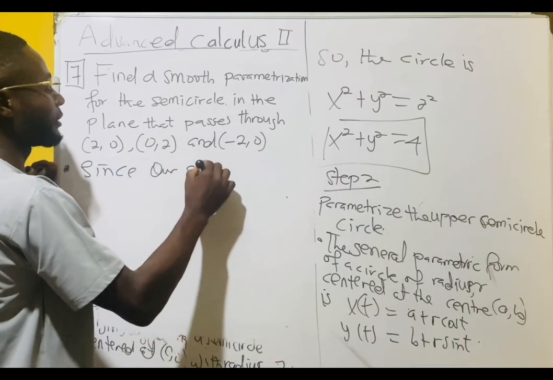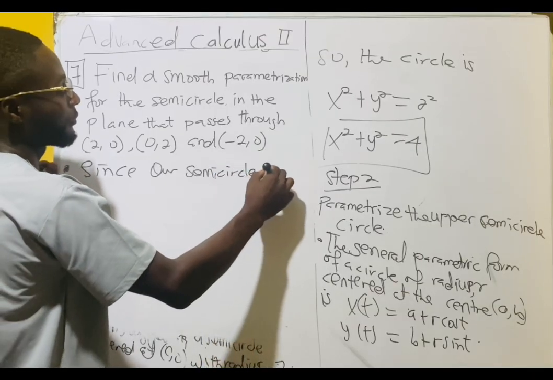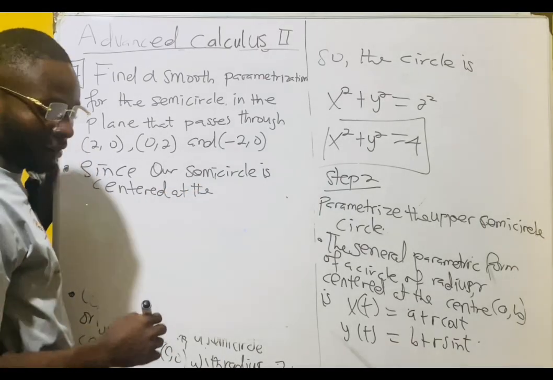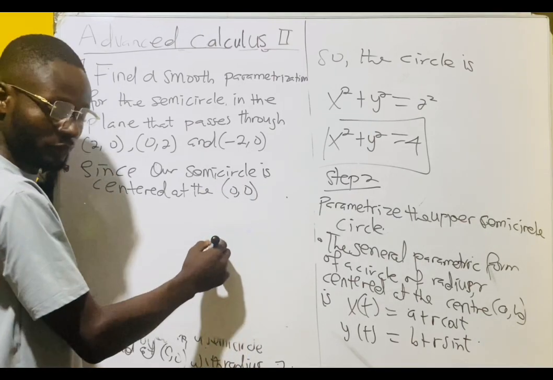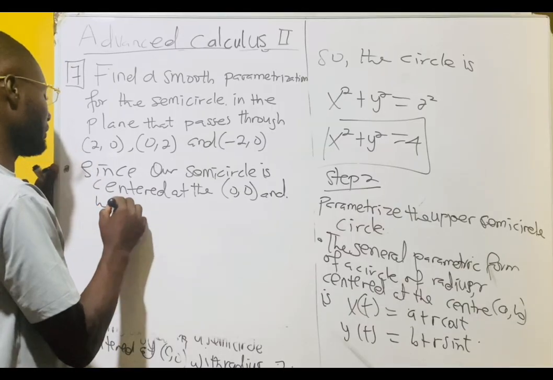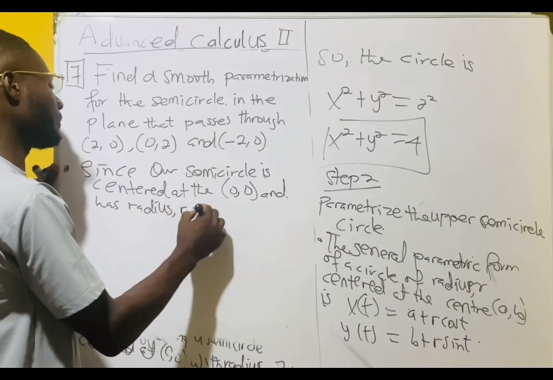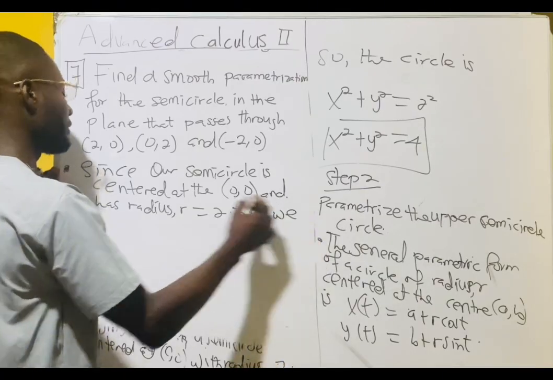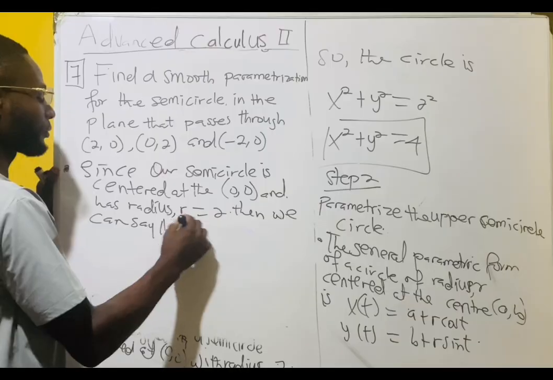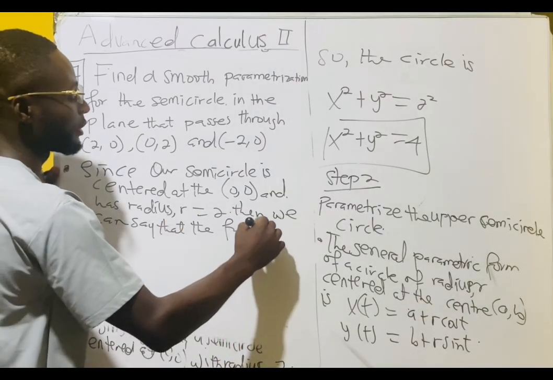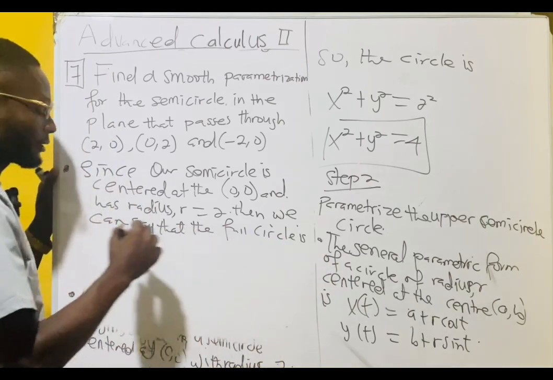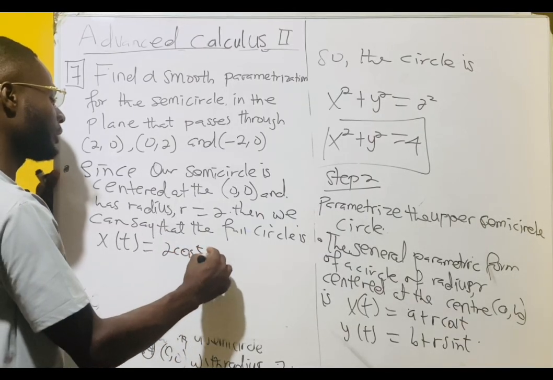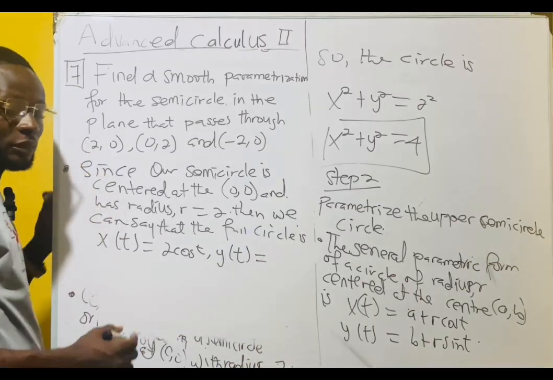So we know this information, then we can say that since our semicircle is centered at (0, 0) and has radius r equals 2, the full circle is x of t equals 2 cos t, and y of t equals 2 sine t, right?